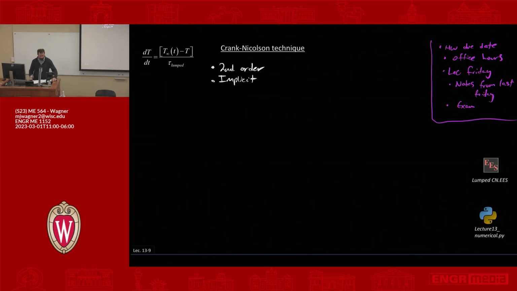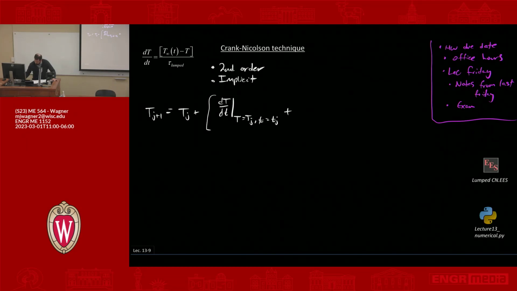So the way this method works is we're going to evaluate to get to T_j+1 by taking T_j and adding 2 estimates of the derivative. So this is going to be over here. It's going to be dT/dt evaluated at temperature equals T_j, time equals t_j.